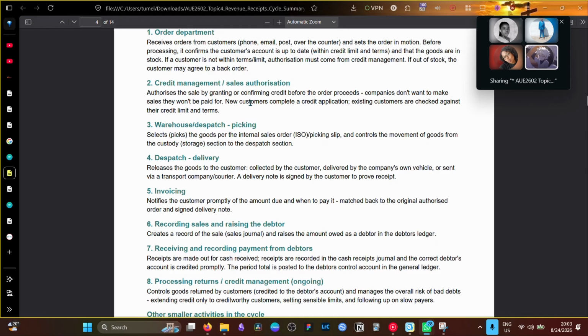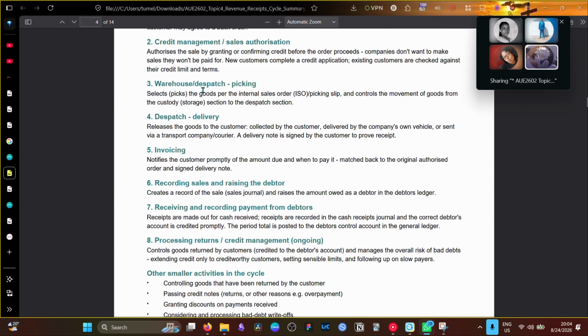And if it's a new customer, here it says new customers complete a credit application. Existing customers are checked against their credit limits and terms. Now 3, we have warehouse and dispatch, which is picking.